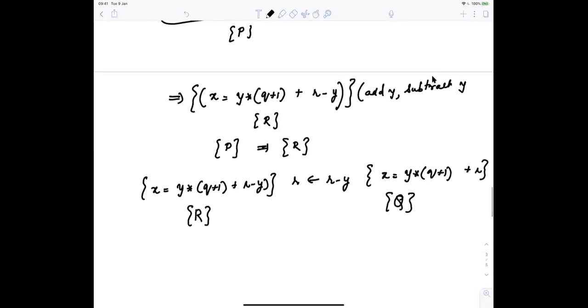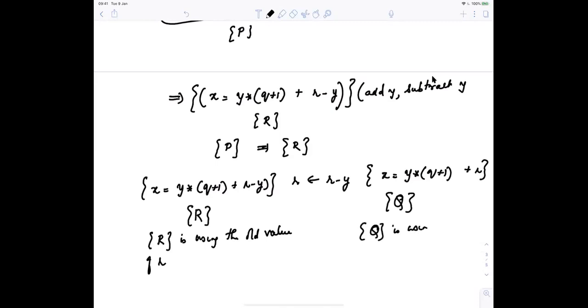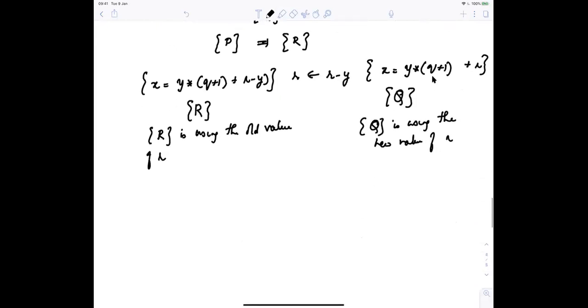Here r is using the old value of r, whereas here q is using the new value of r. Okay.